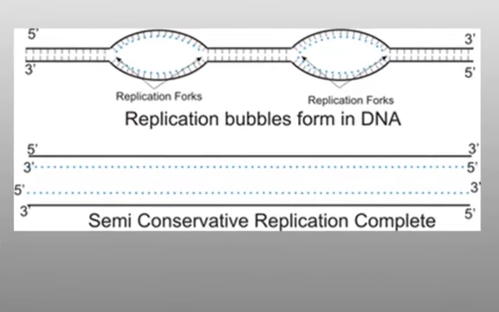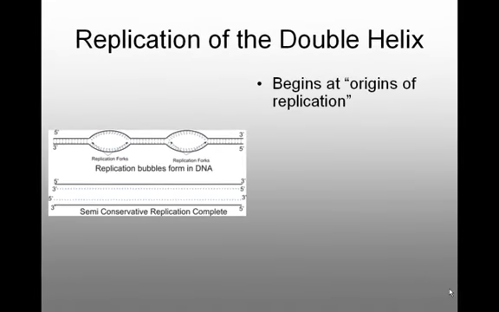Now, as this is happening, it's not just happening at one end and going all the way to the other end. It actually starts at different spots in the DNA at the same time and makes things that look like little bubbles. So it begins at spots called origins of replication. Origin just means beginning.